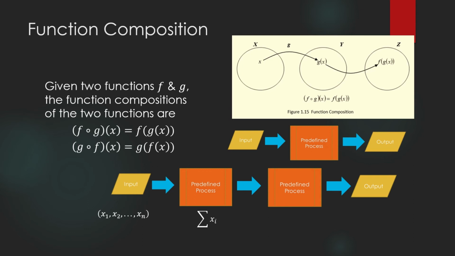Whatever the sum is, that sum will be placed in the next conveyor belt and it will enter the next function. And what the next function does, this is function f, is it divides the sum by n. And the output of function f is going to be what we call the mean or the average. So you can look at the process of finding the median and the mean to be examples of function compositions.